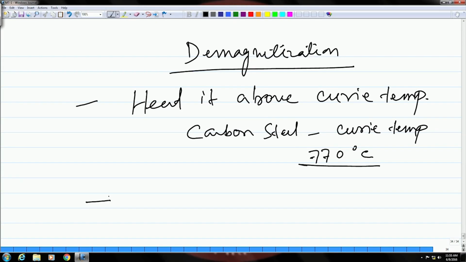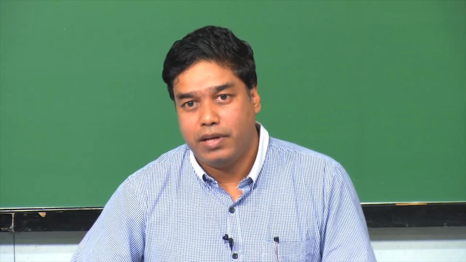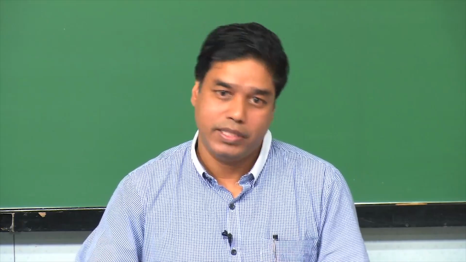demagnetizing the part is field reversal. That means, if you know the magnitude and the direction of the field which was applied in the beginning to magnetize the part, then you can apply the same magnitude of field, but in the opposite direction. Okay.